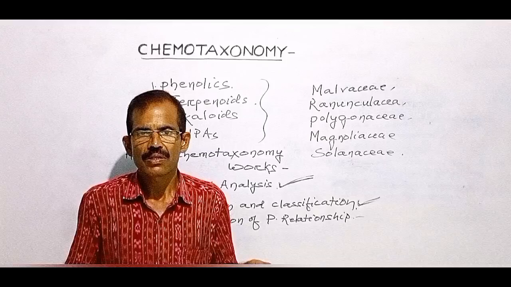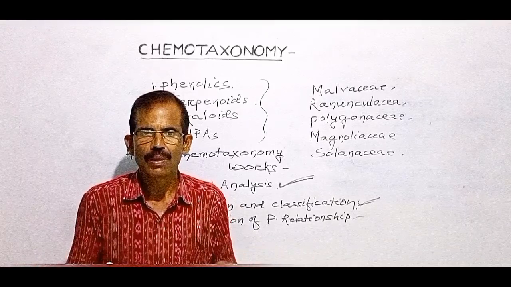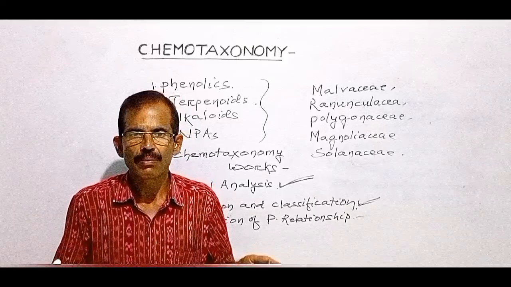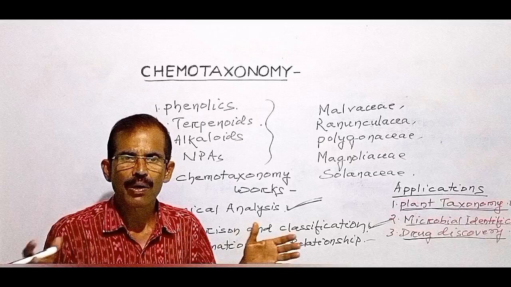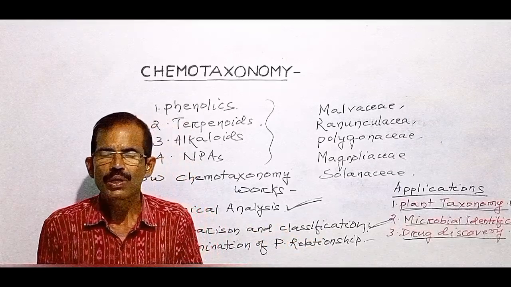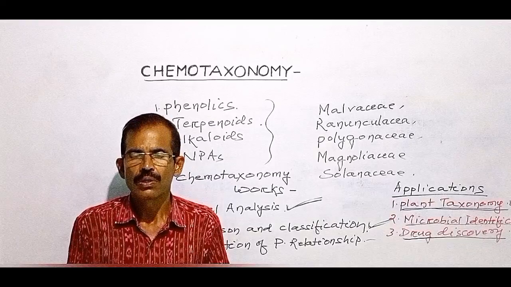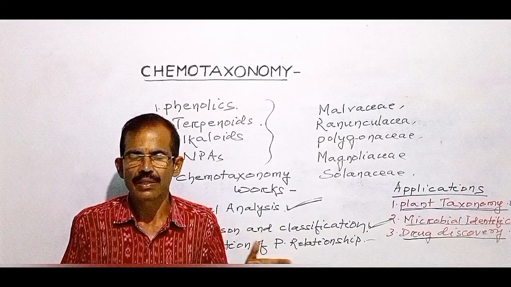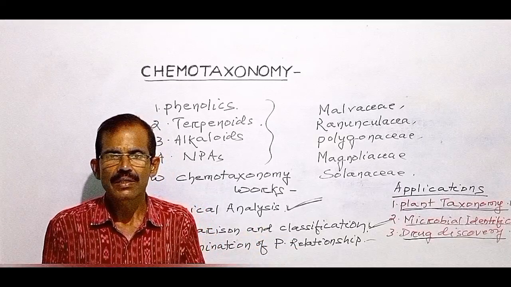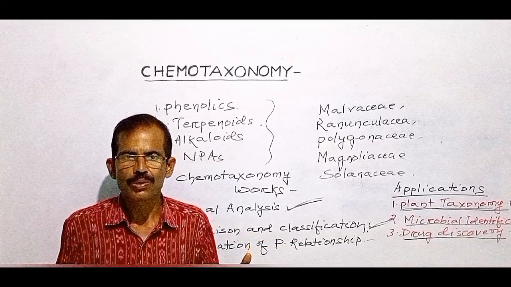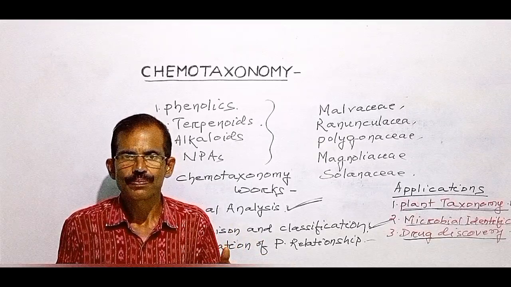Based on this comparison, we can determine whether the organisms are similar or different in their biochemical composition. If two organisms have similar biochemical composition, we can say that these two are taxonomically related. If not, they will be taxonomically distinct. Based on these differences and similarities, scientists infer the evolutionary relationship and classify organisms into different groups.